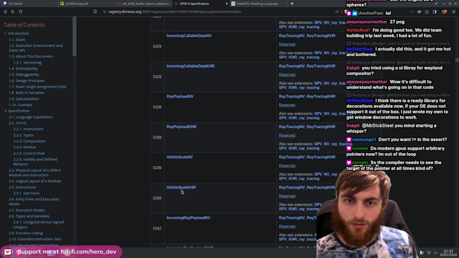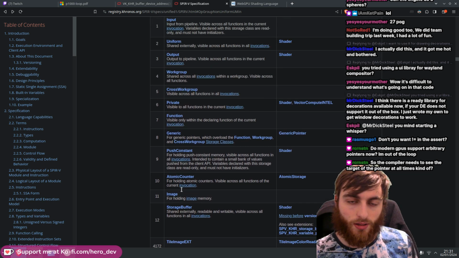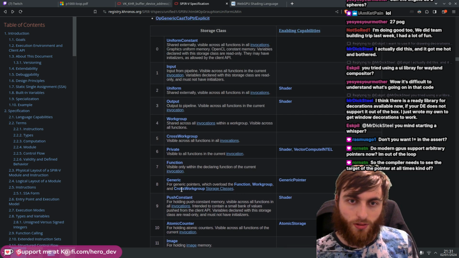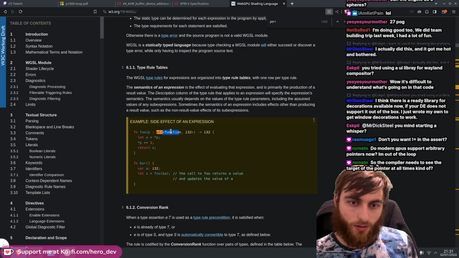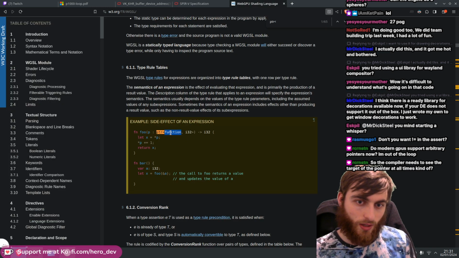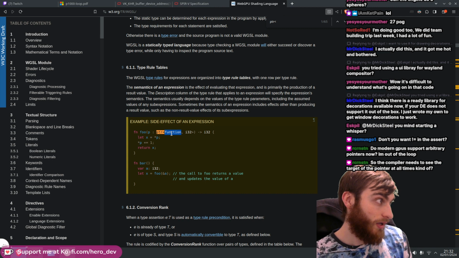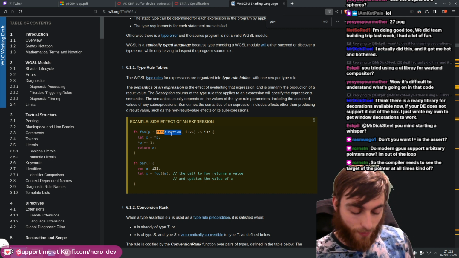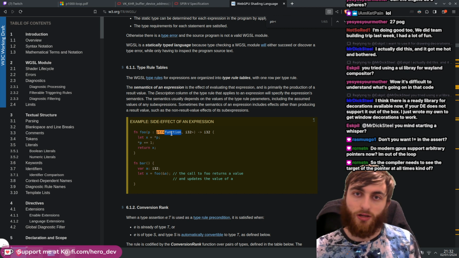So basically, how do you avoid this problem? They want to make it explicit. That's not really a good way to do it. The best way to do it is shaders automatically fully inlined.